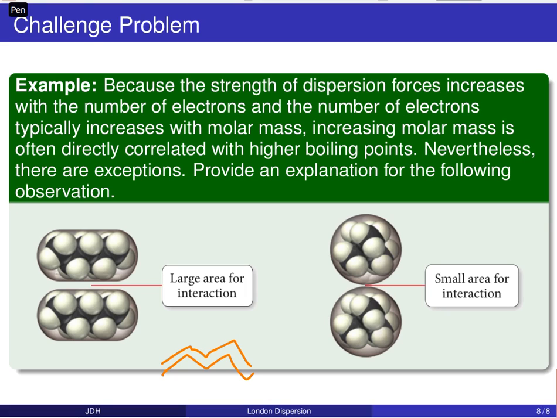Whereas the more spherical shape of neopentane results in these balls that simply can't pack as close. There's simply not going to be as much surface area in contact over which these dispersion forces can come into play. And so the result of that is a significant lowering of the boiling point and melting point, because we've significantly lowered the London dispersion force strength by virtue of the small area of interaction.